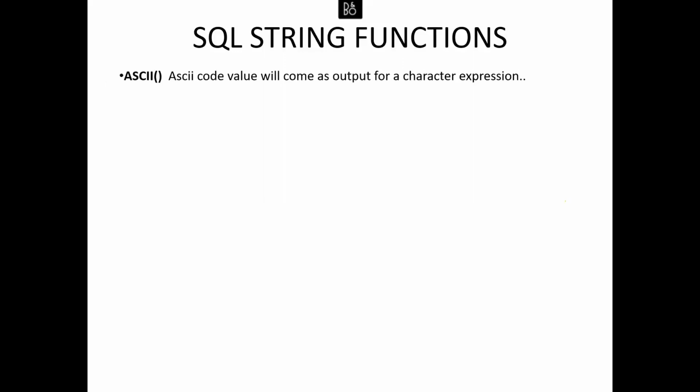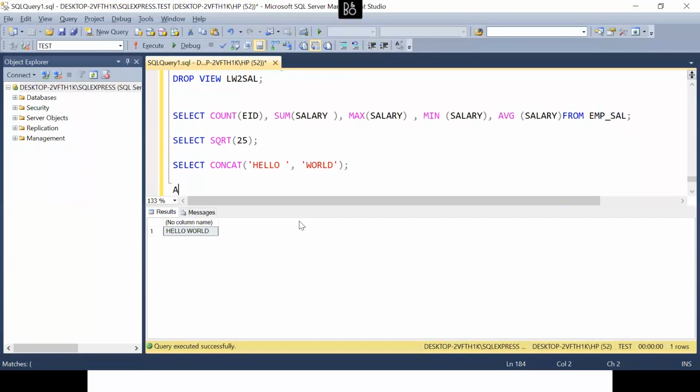Then we have ASCII. ASCII is used to get the ASCII value of a particular character. ASCII means American Standard Code for Information Interchange. Any character which you see on a keyboard has an ASCII value. So select ASCII of A. You can see the ASCII value of A is 65.